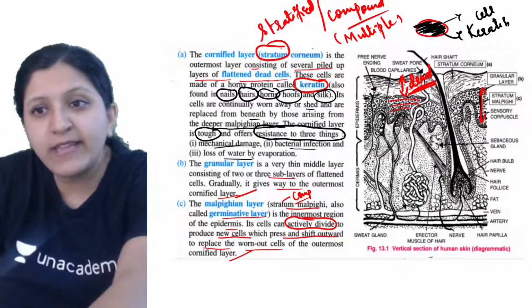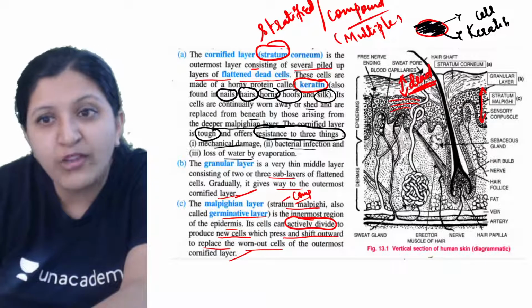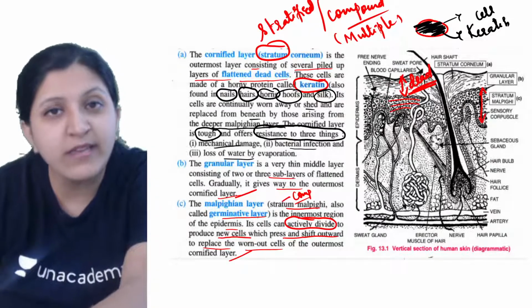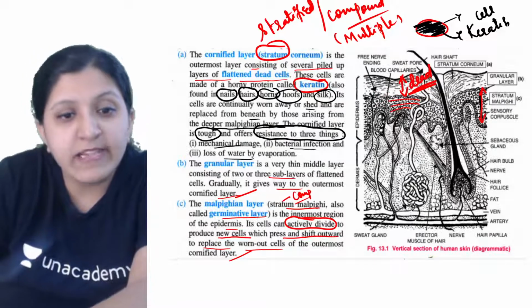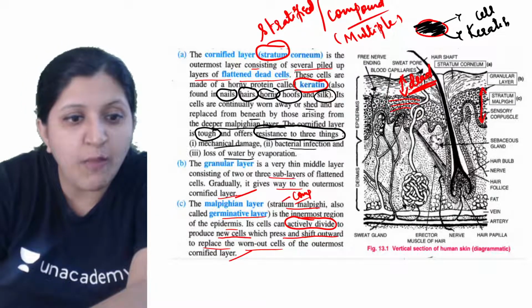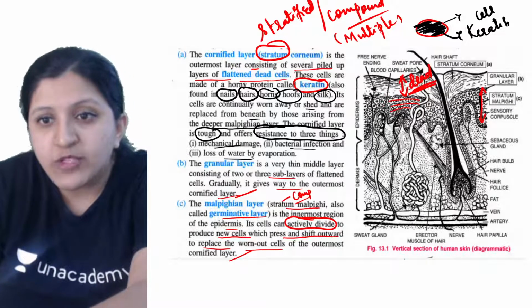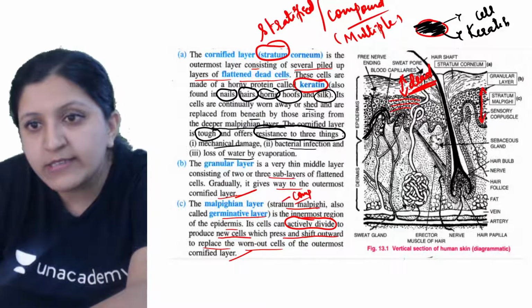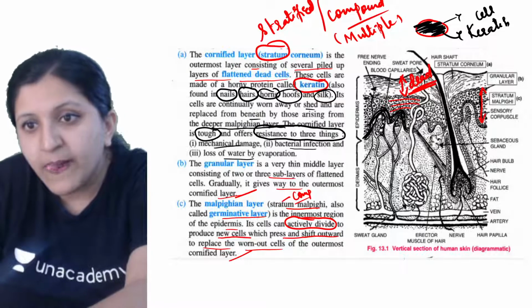So where exactly do you find the melanin? It is not in the cornified layer, it is not in the granular layer, it is in fact in this Malpighian layer. So the Malpighian layer is the one which has this particular pigment, that is the melanin pigment.